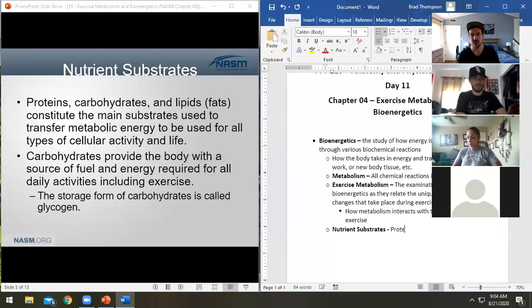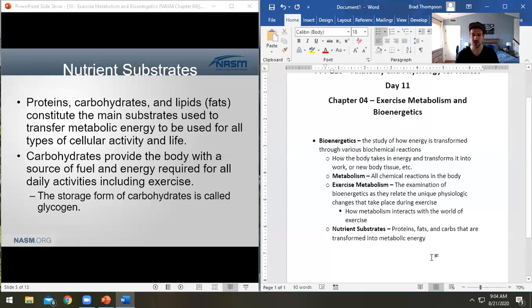right? Proteins, fats, and carbs that are just transformed into metabolic energy, right? We are able to break down the energy found in these nutrients in order to provide us with the ability to do work.